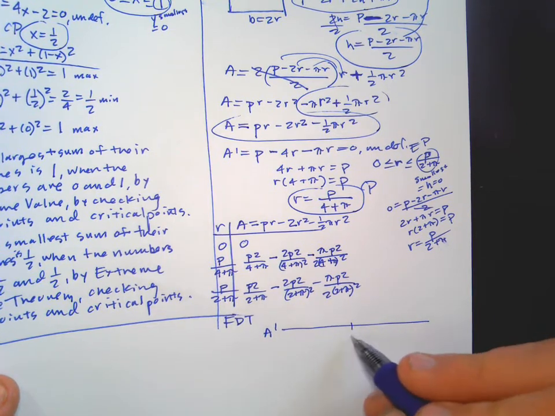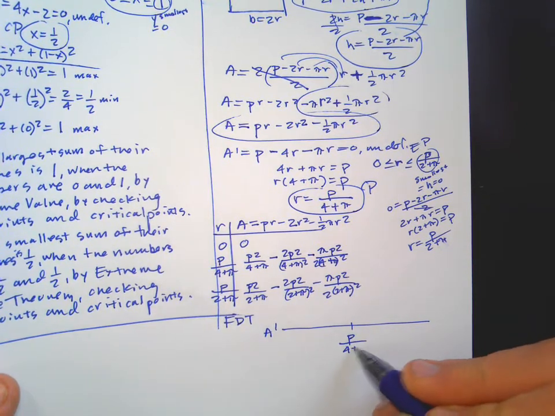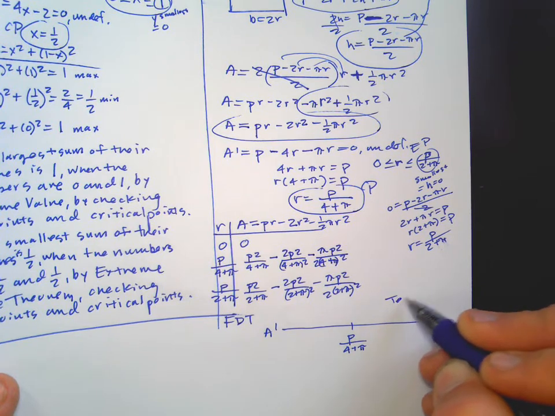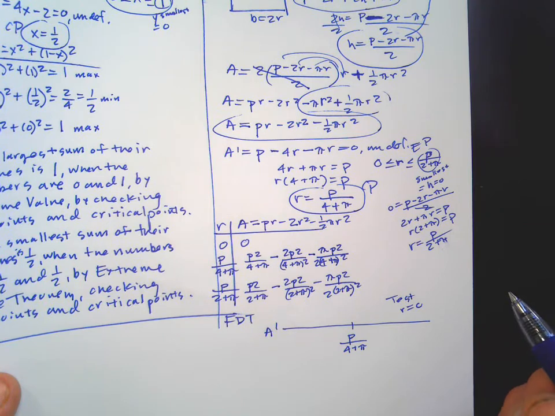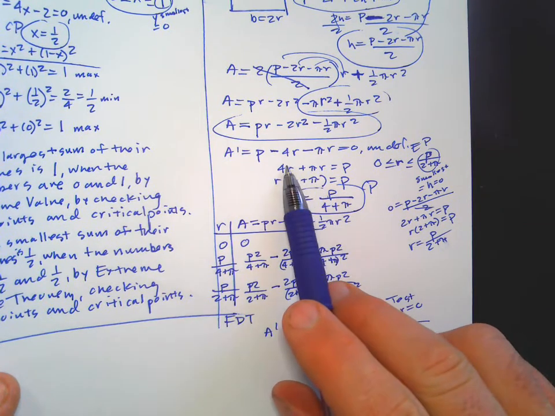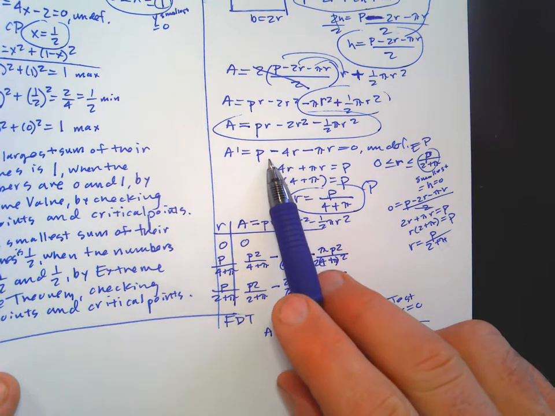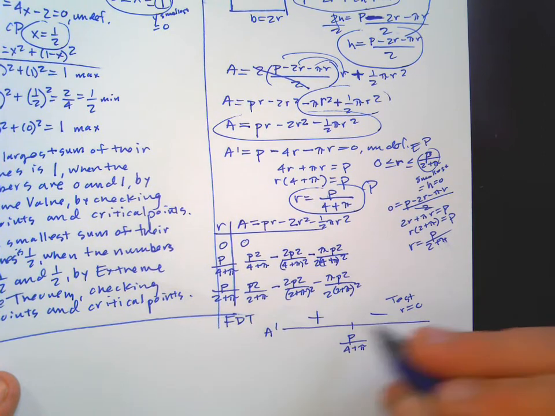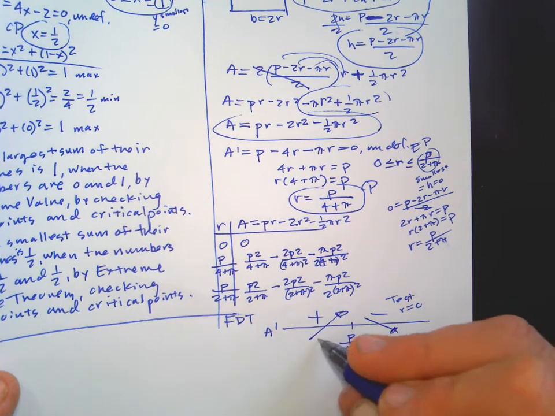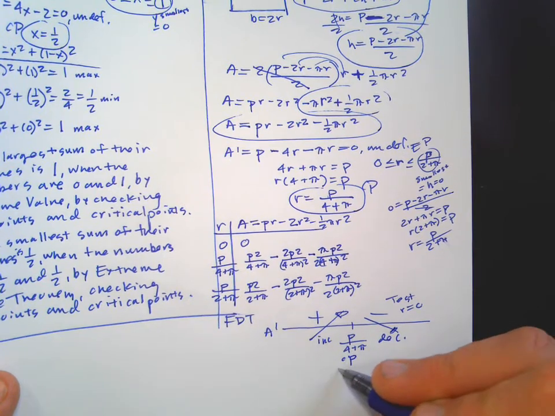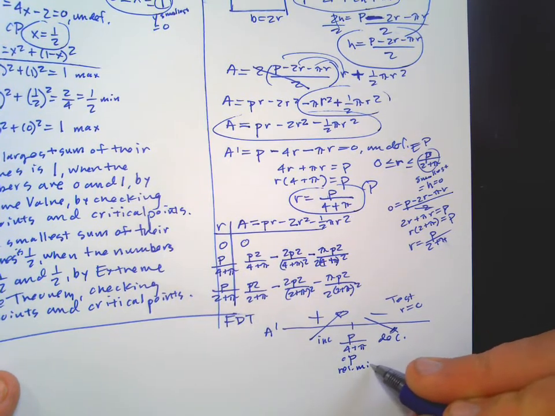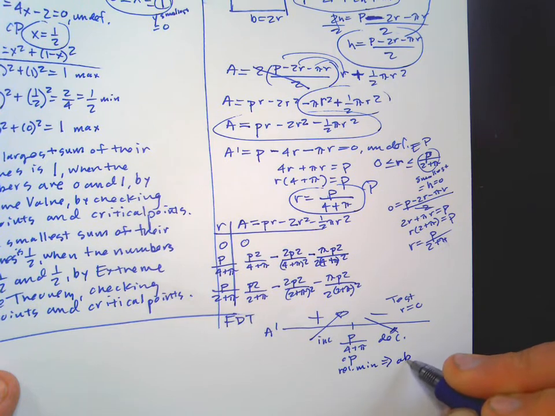We have one critical point, right? And then we could test a value like, I don't know, r equals 0. And if you plug 0 into A prime, you just get P, which is positive, negative. So it's going like this. So this is actually a good special case where we could say, okay, well, this is a relative max, and therefore, since it's the only one, it's going to be the absolute max.